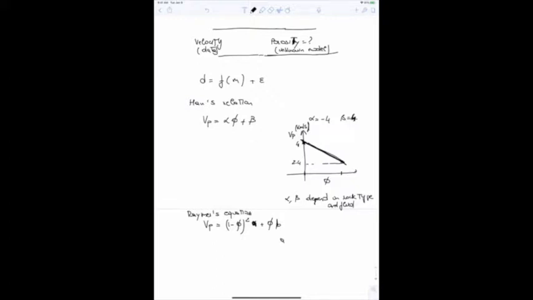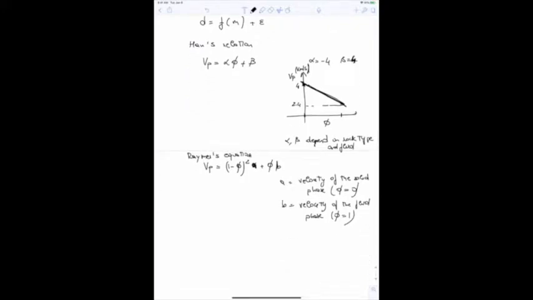A is actually the velocity of the solid rock, of the solid phase. So that would be the velocity if the porosity was equal to 0. And then B is the velocity of the fluid phase. So that's the velocity that we get if the porosity was equal to 1, so we only had fluid. And so this is a quadratic equation here.